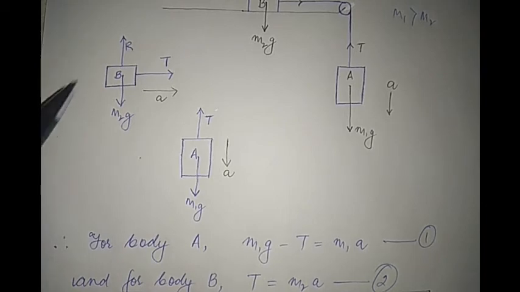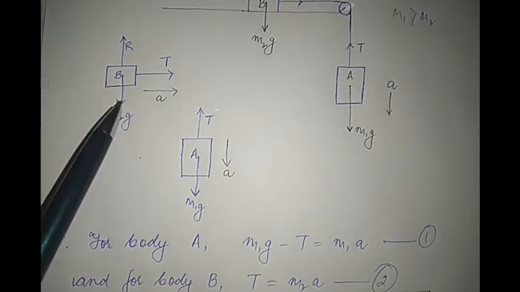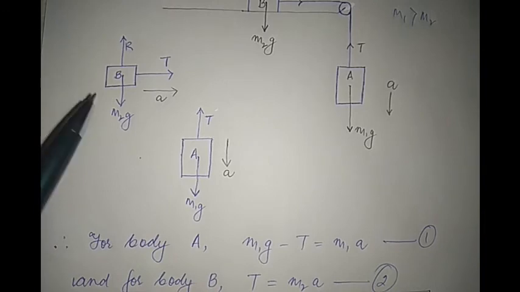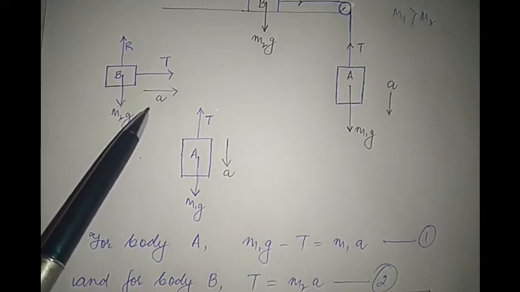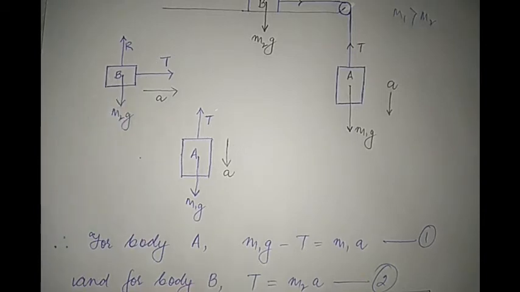Since the normal reaction and weight are equal and opposite to each other, they cancel each other out. Thereby the only unbalanced force that acts on body B is capital T, the force of tension. And it is this force of tension which produces an acceleration a in body B.